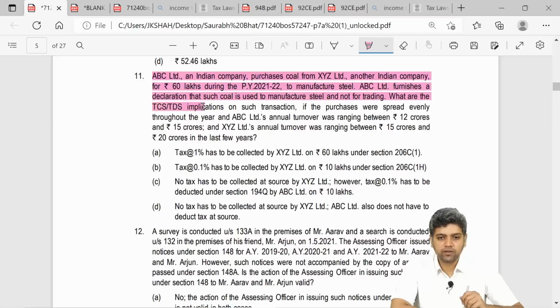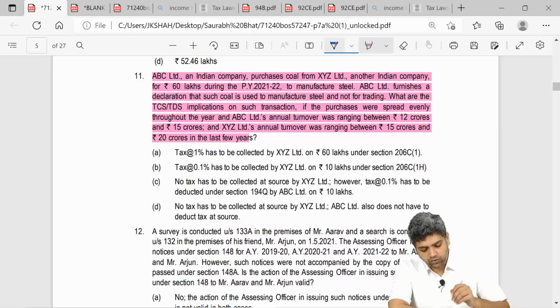ABC Limited furnishes a declaration that such coal is to be used to manufacture steel and not for trading. What are the TCS, TDS implications on such transaction if the purchases were spread evenly throughout the year and ABC Limited's annual turnover was ranging between 12 to 15 crores and XYZ's annual turnover was ranging between 15 to 20 crores in the last few years?